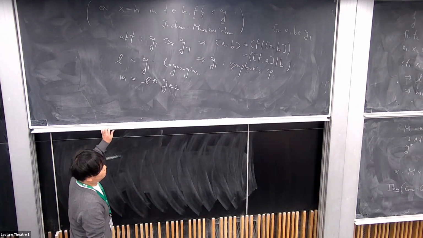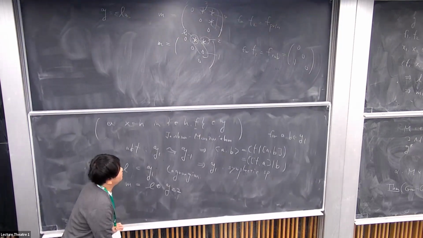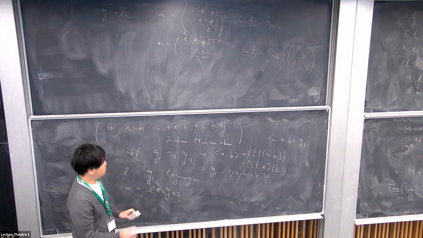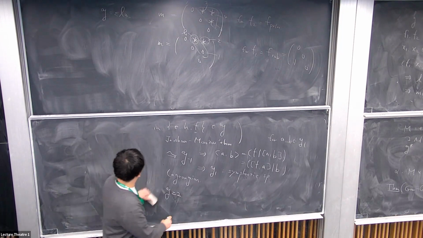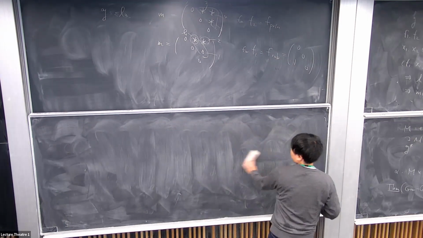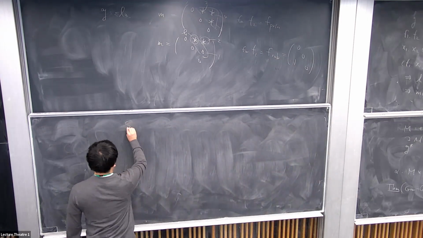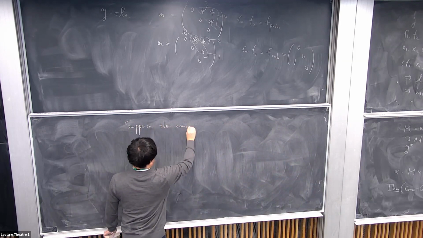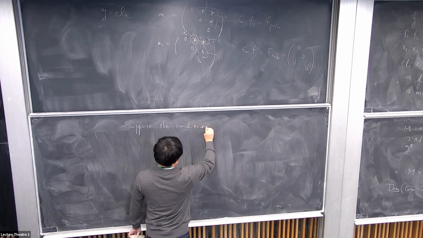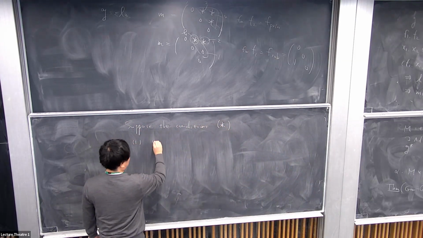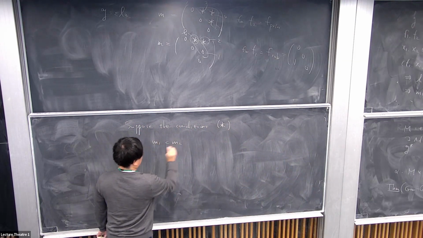So now we suppose some technical conditions to make sense of reduction by stages. The assumptions are really technical. First of all, M1 should be contained in M2.